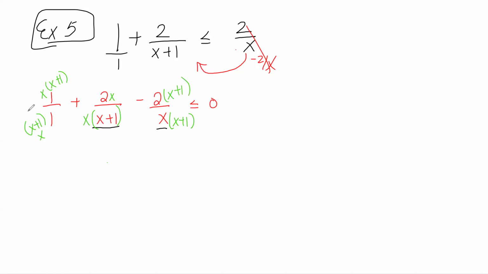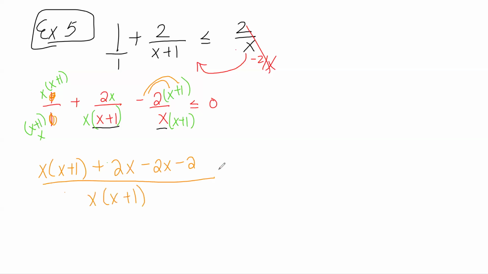So the top is now, who cares about a 1, that's just x plus 1, plus 2x, and then distribute. That's a -2, so that'd be -2x minus 2 all over the common denominator. Again, we don't care about a 1. x plus 1, less than or equal to 0.